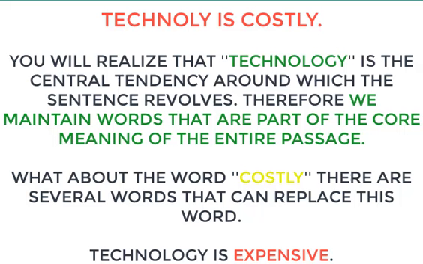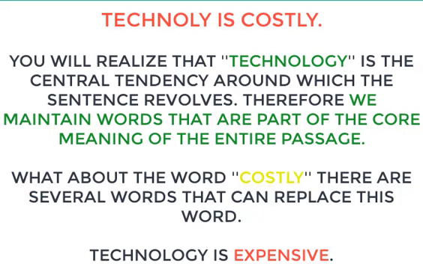Example: when the topic sentence is "Technology is costly," and you are asked to summarize this in one sentence, the disadvantage of technology. You will notice that technology is the central tendency around which the sentence revolves. Therefore, we maintain words that are part of the core meaning of the entire passage.